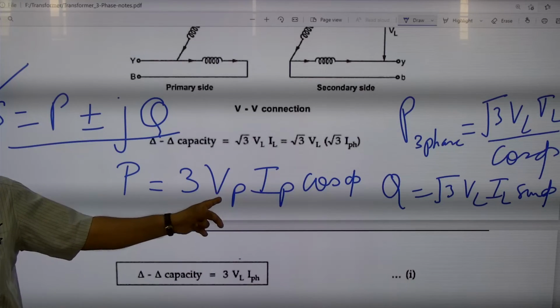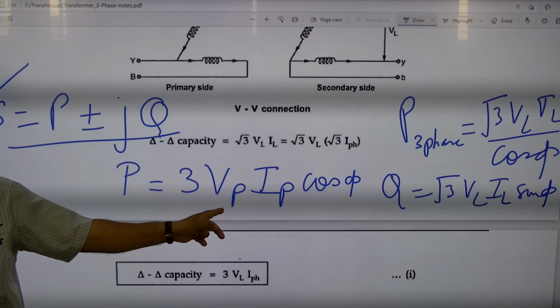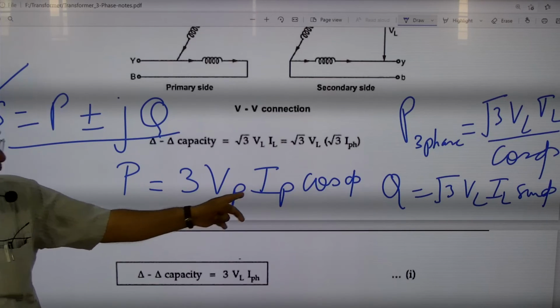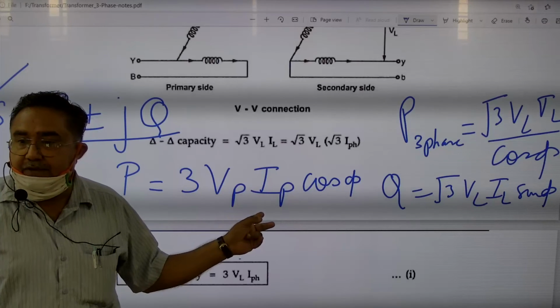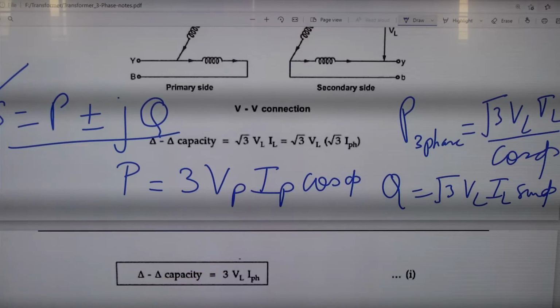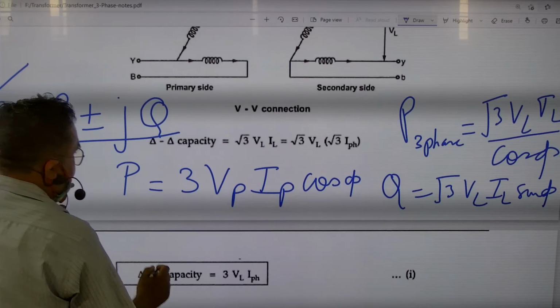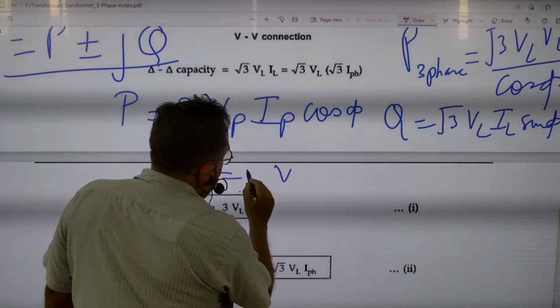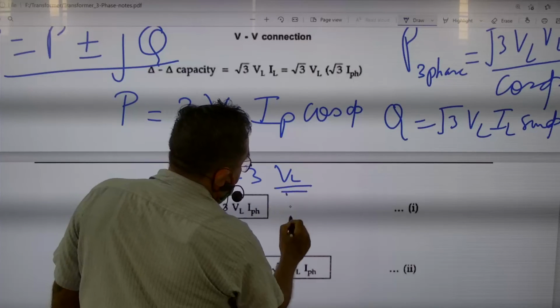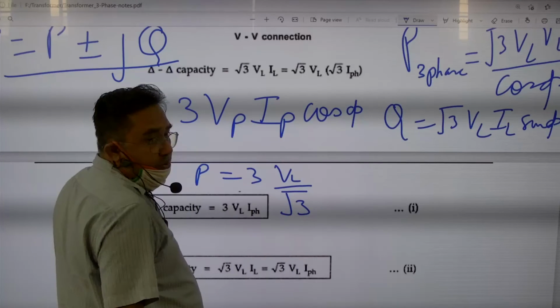VL upon रूट 3. अरे होता है कि नहीं होता है? और I फेज कितना? Yes. What is V phase? VL upon root 3, and I phase is equal to IL.